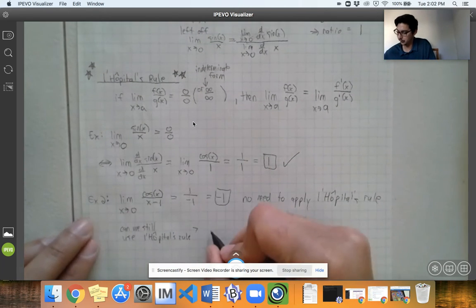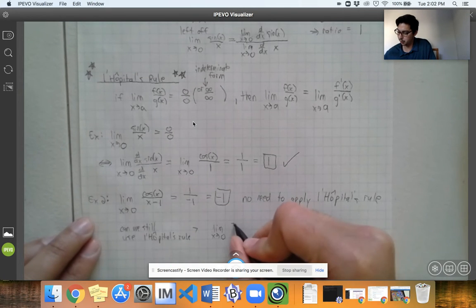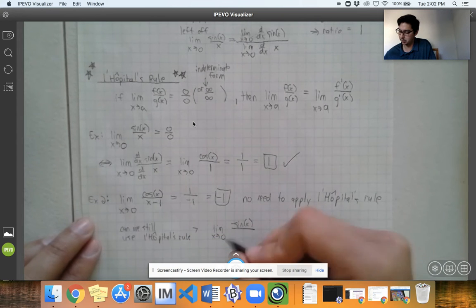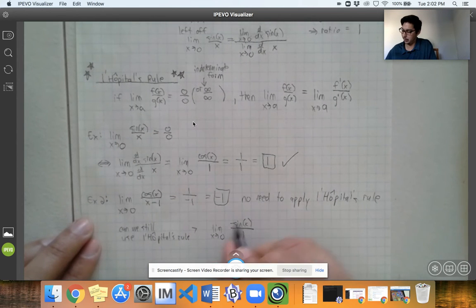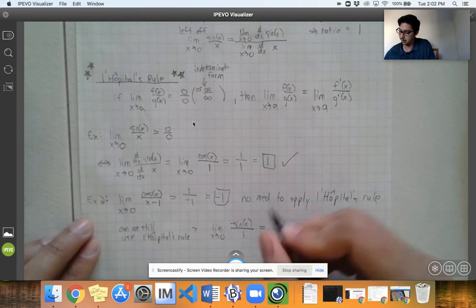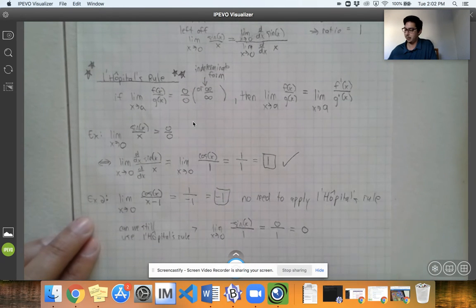Well, let's find out. If we did the limit as x approaches 0, and we take the derivative of the top, which would be negative sine of x, over the derivative of the bottom, which is just 1, and then we evaluate this limit, well, sine of 0 is 0 over 1, which gives you 0. And there it is.